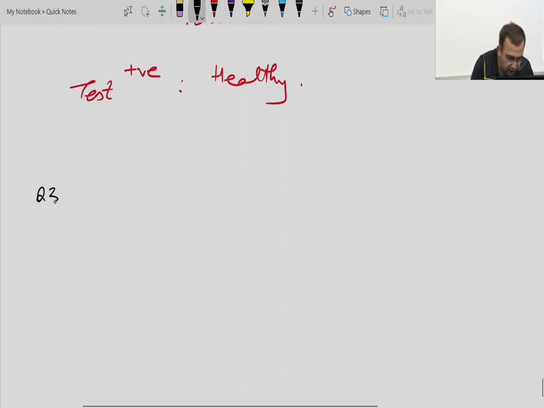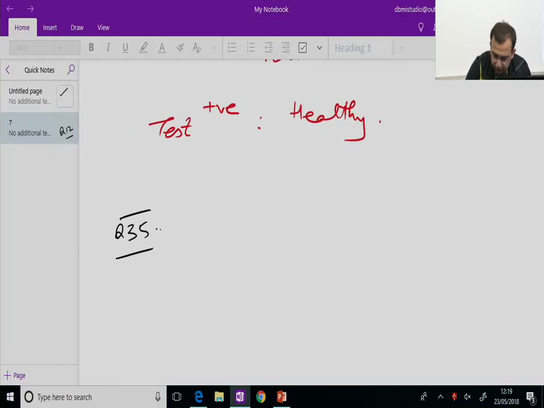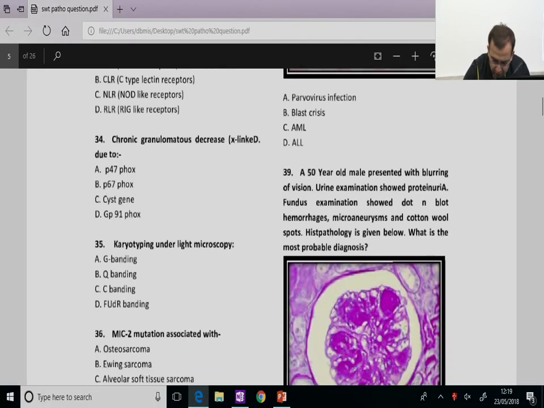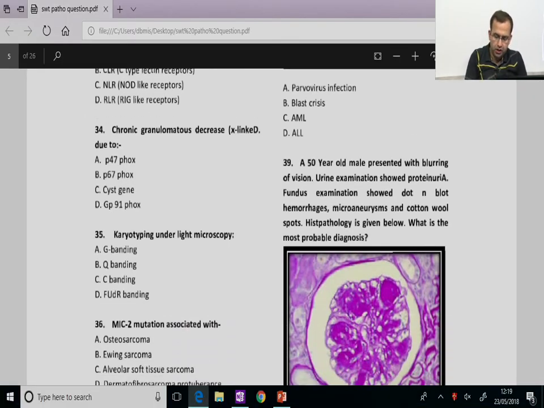This gets us to the next question, that is question 35. Karyotyping under light microscope is by G banding.